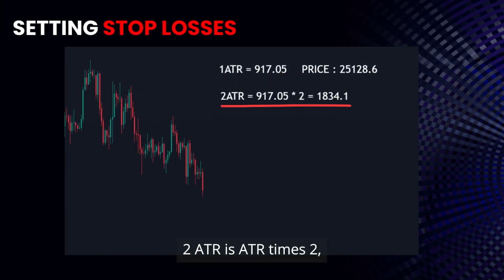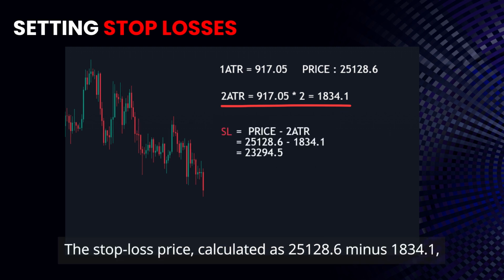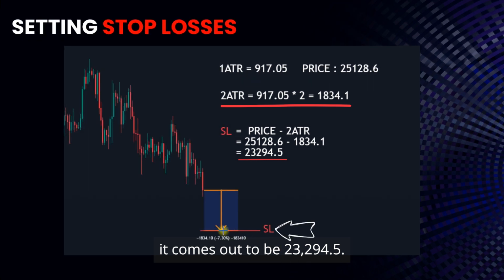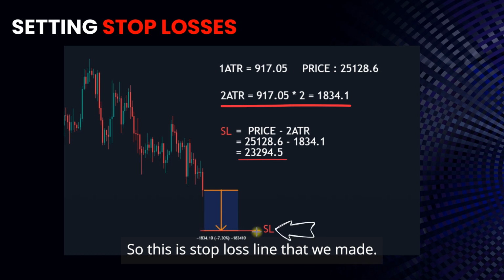2 ATR is ATR times 2, which equals 1834.1. The stop loss price is calculated as current price minus 2 ATR. It comes out to be 23,294.5. So this is the line that we made.